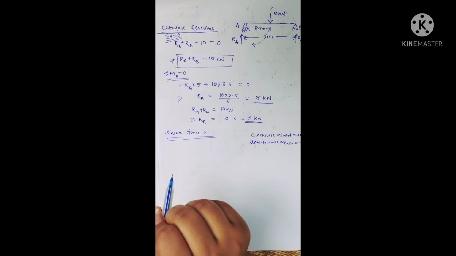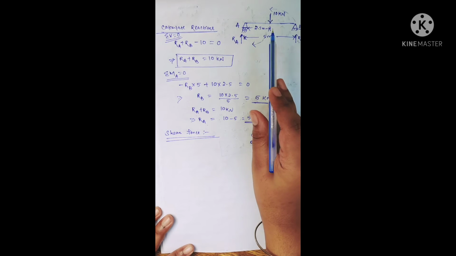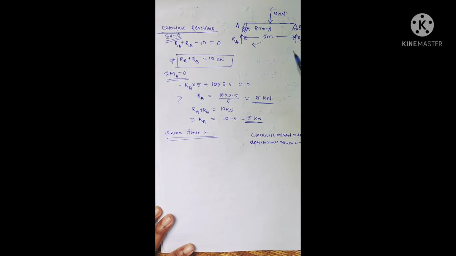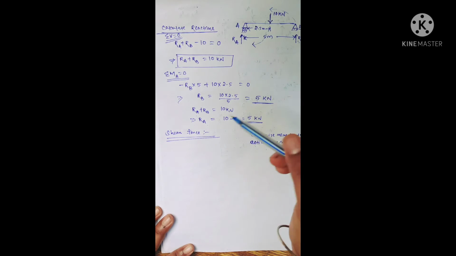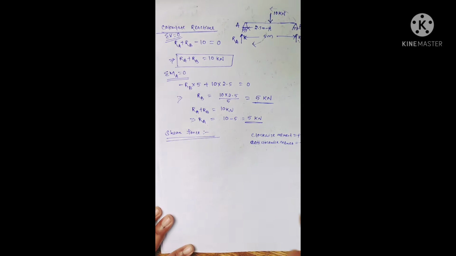When you calculate shear force, just look at the reactions and the vertical forces given in the question, and see whether their moment is clockwise or anti-clockwise. If the force gives clockwise moment, the shear force sign is positive, and if it gives anti-clockwise moment, the sign of shear force is negative.